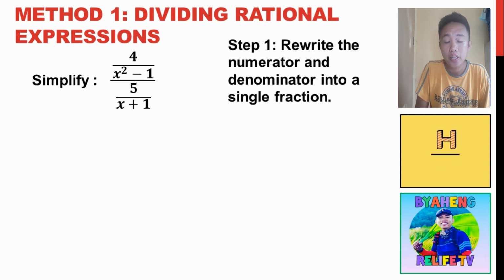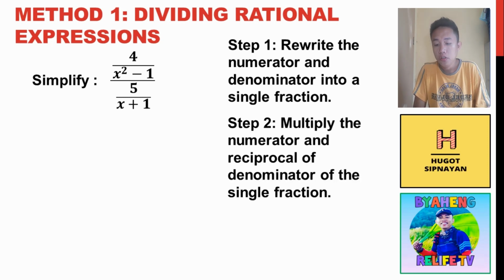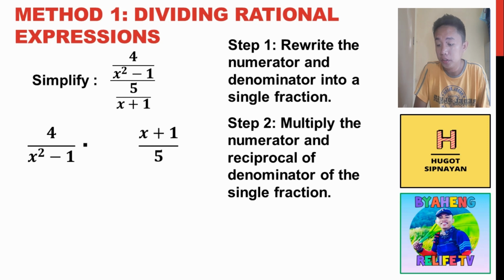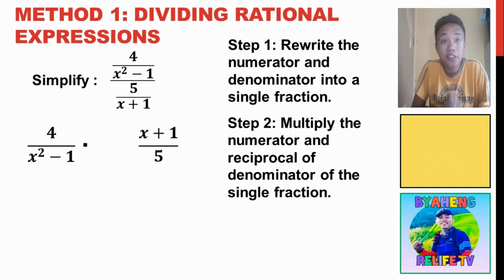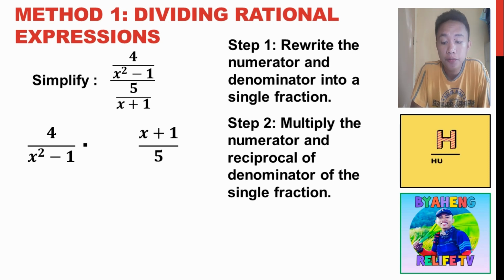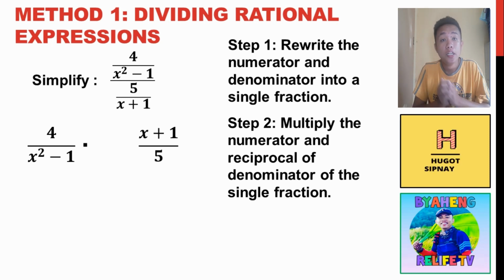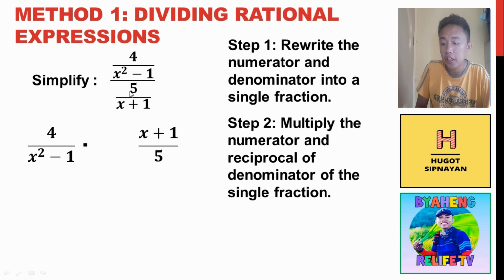For the first step, we write the numerator and denominator as single fractions. Since they are already single fractions, we proceed to the second step: multiply the numerator by the reciprocal of the denominator. The denominator here is 5 over x plus 1, so its reciprocal is x plus 1 over 5.